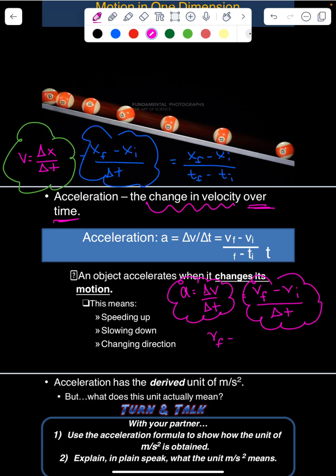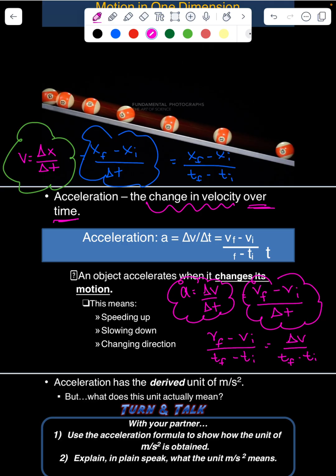Others that you can use are V final minus V initial over T final minus T initial, or you could be given delta V and two different times. These are all just different forms of the equation that you have to know.